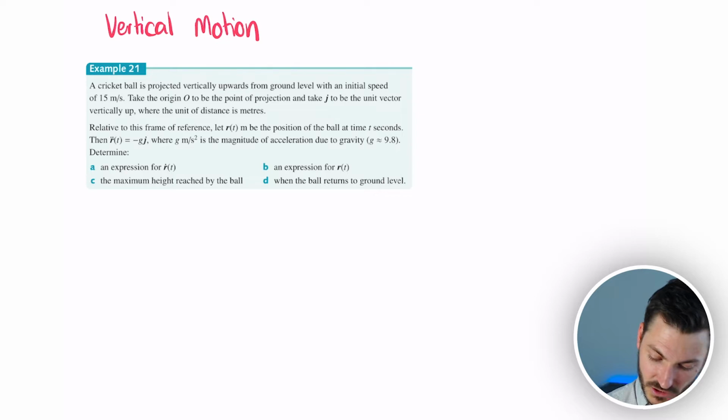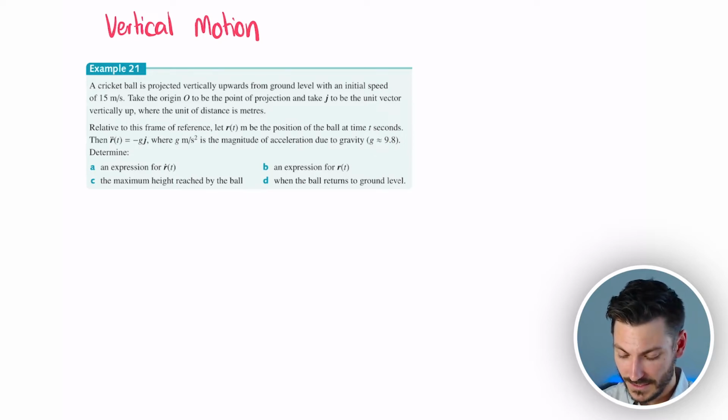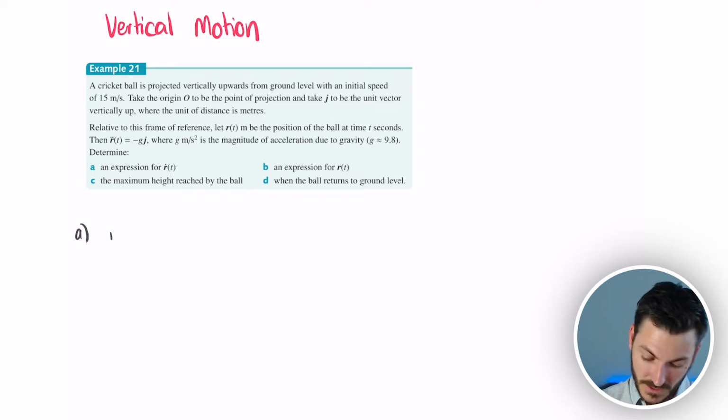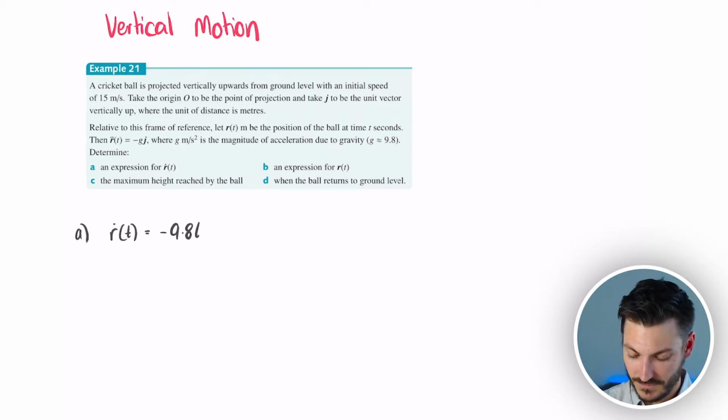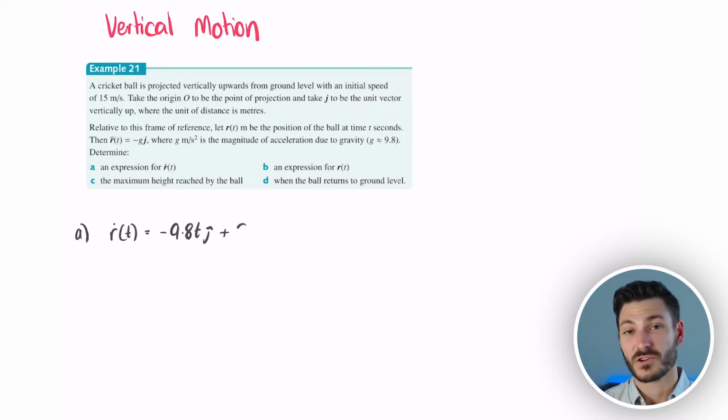Okay, so an expression for the velocity of this particle, given that the acceleration is equal to negative 9.8 in the j direction. Therefore, the velocity is going to be negative 9.8t in the j direction plus constant of integration number 1. And it tells us that the initial speed is 15 meters per second.